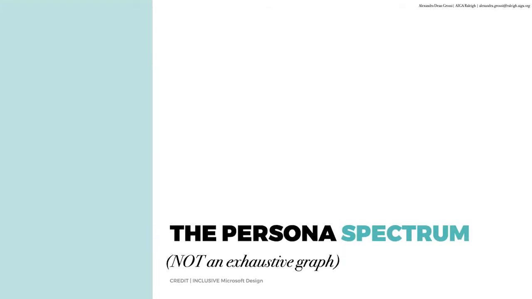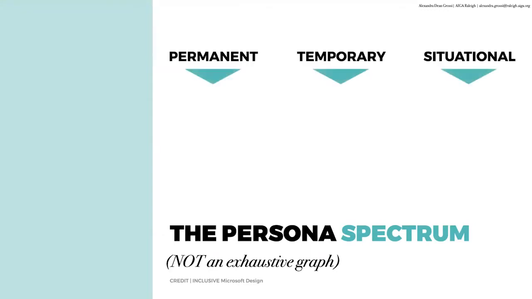This is the persona spectrum, which is taken from the work of Microsoft Design. They have a graph on this, so I'm pointing this out. One thing is that when you design something or aim something at a person with a disability, you're not just helping one kind of person.